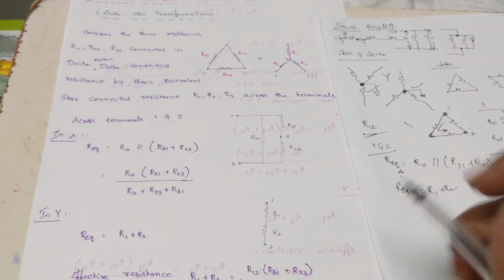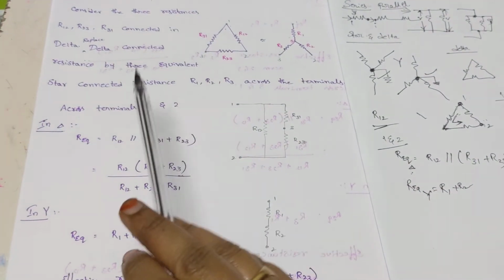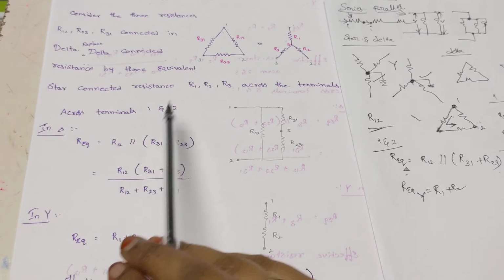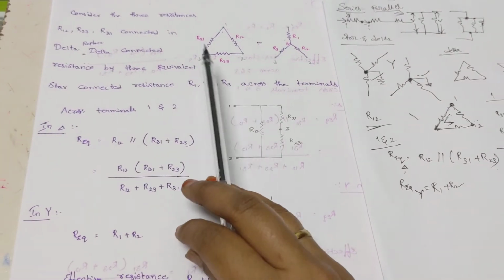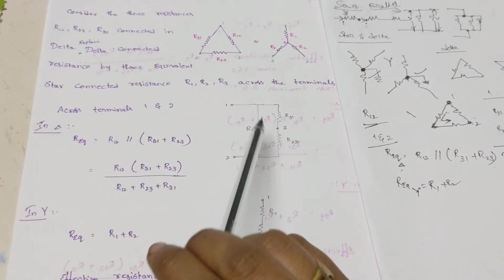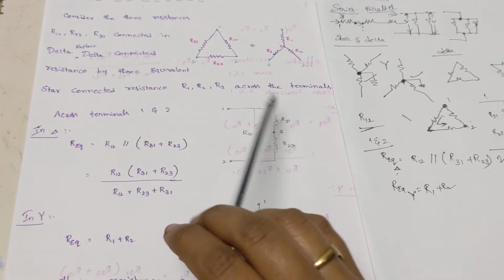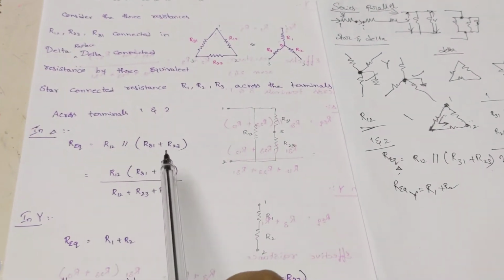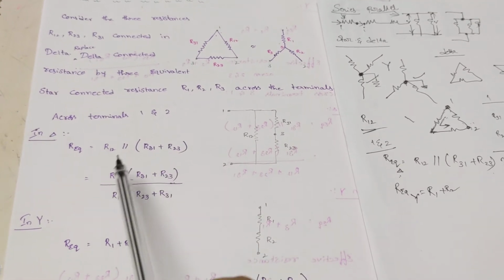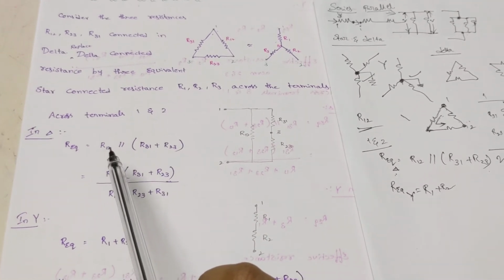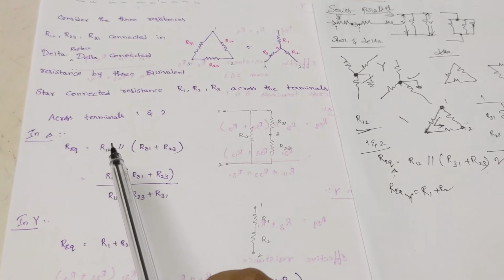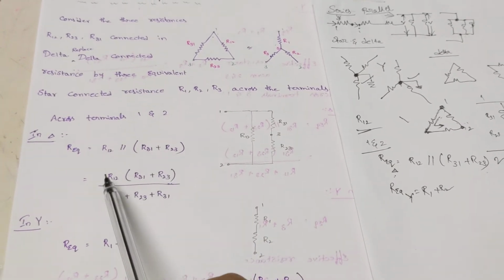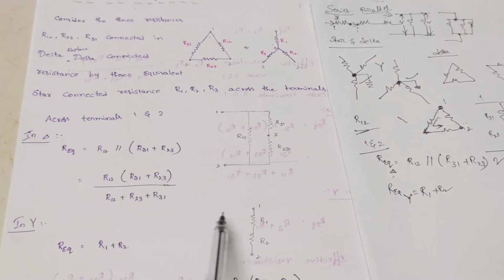The same thing we represented here. Kindly go through it once. We are considering the terminals 1 and 2. When I redraw this, R12 is in parallel with the combination of R31 and R23. We know that for parallel resistors, R1 parallel with R2 is R1 R2 divided by R1 plus R2.